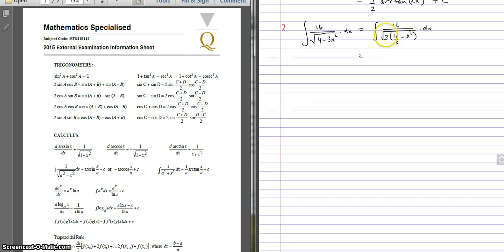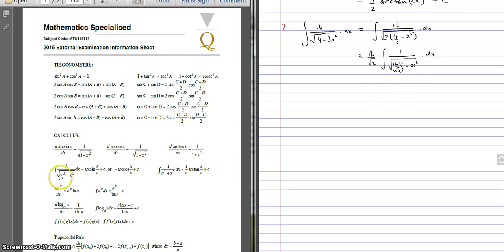So if we shift 16 over the square root of 3 outside the integrand, that's 16 over the square root of 3 times the integral of 1 over the square root. Now the 4 over 3 we can write as something squared, so that's 2 over the square root of 3 squared minus x squared dx.